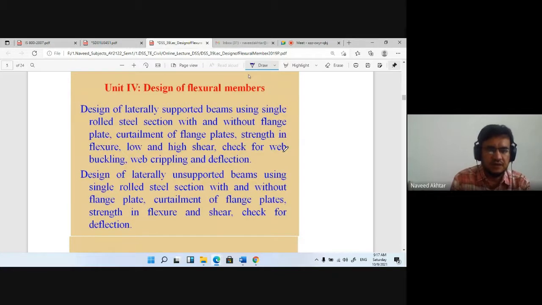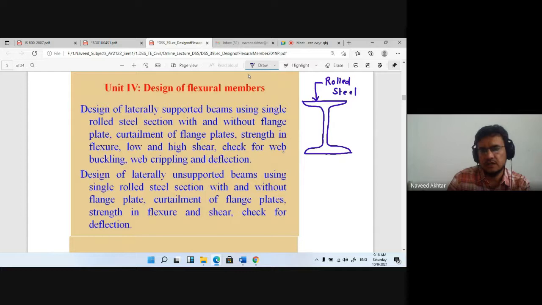Now, design of flexural member, unit number 4, consists of laterally supported beam using single rolled steel section with or without flange plate. So, single rolled steel section means, you know, the structural steel which is manufactured under controlled conditions in the factory is called rolled steel section. There is no joint. So these sections are called rolled steel section.